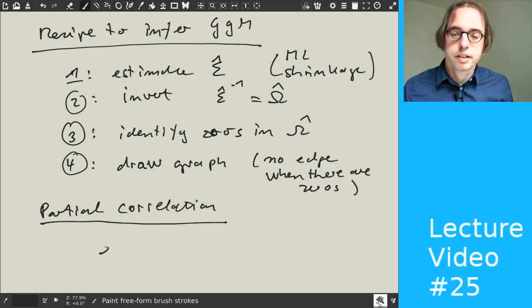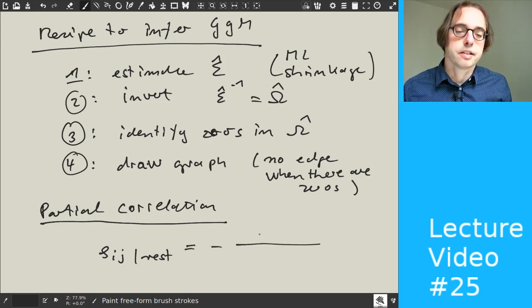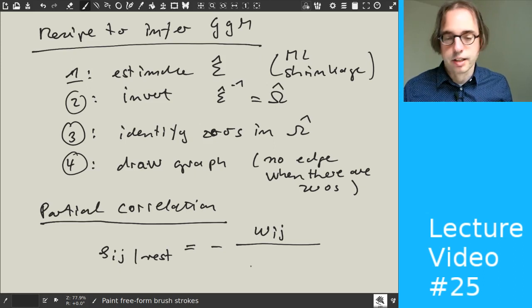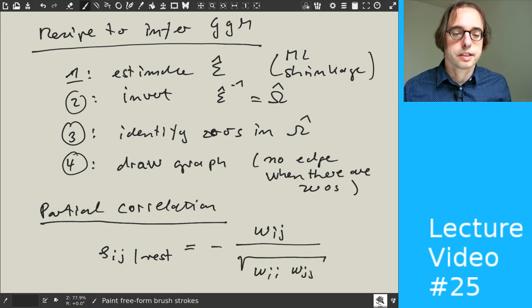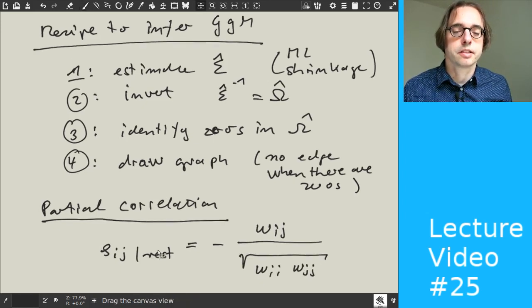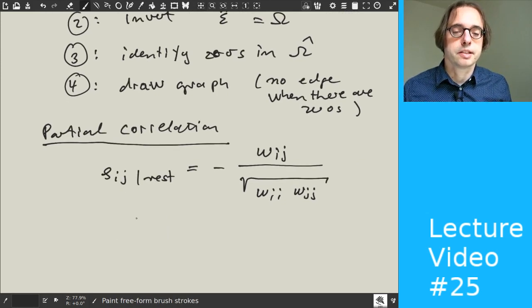You have a correlation between i and j given all the rest of the variables, and that is defined as minus omega ij, the element of the precision matrix, divided by the square root of omega ii times omega jj. So this looks like the definition of Pearson correlation, except for the minus sign.